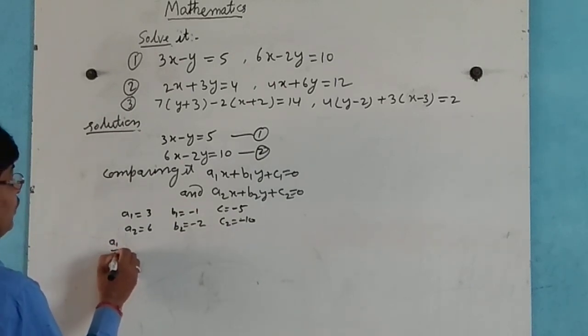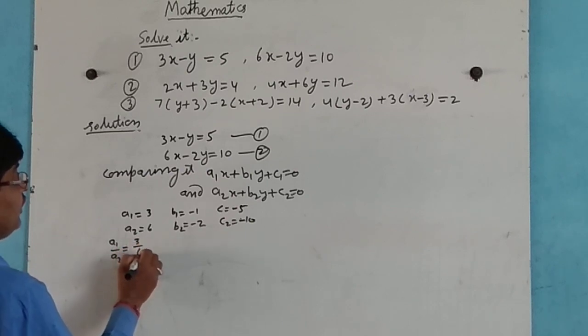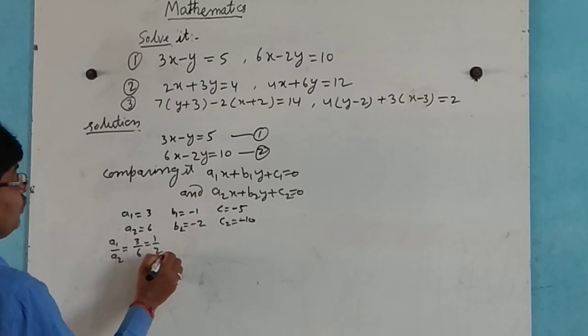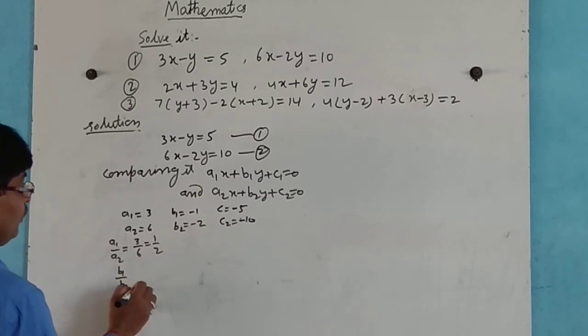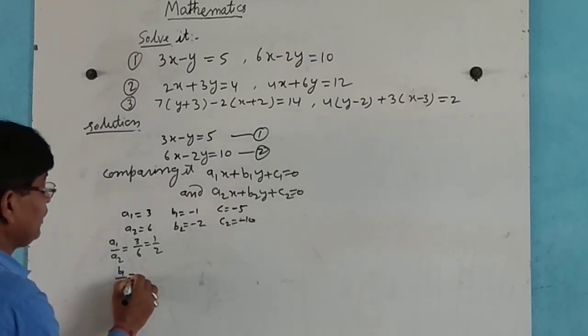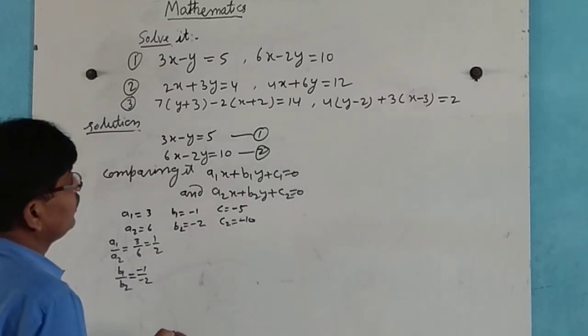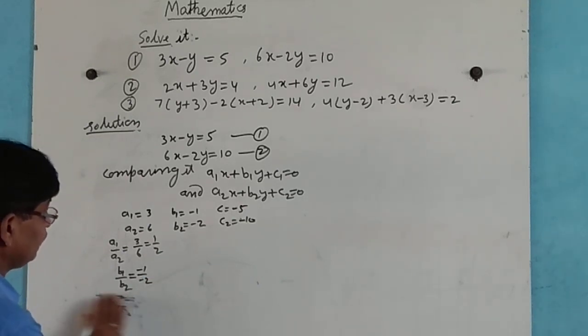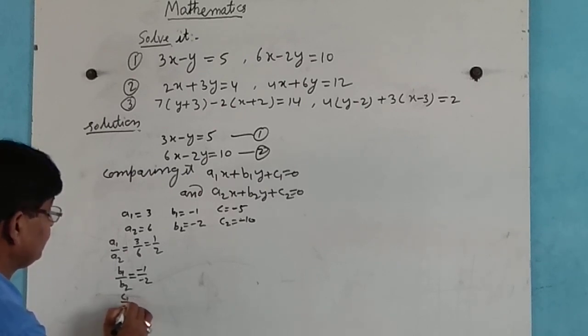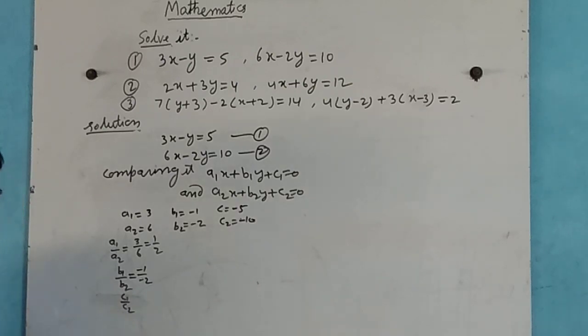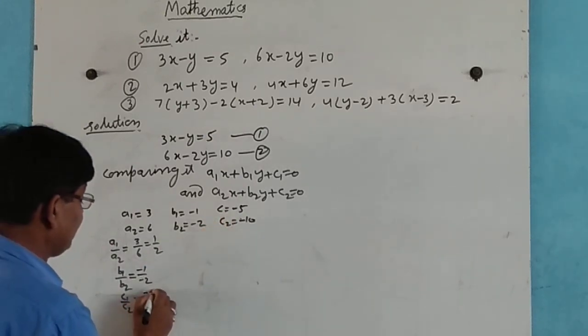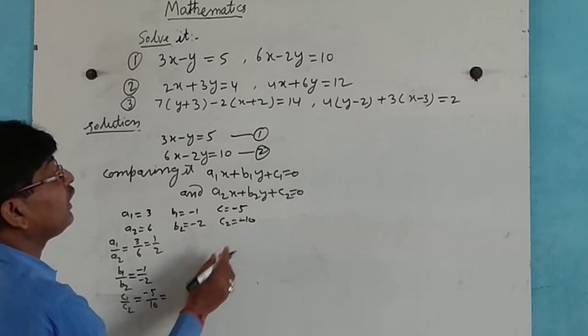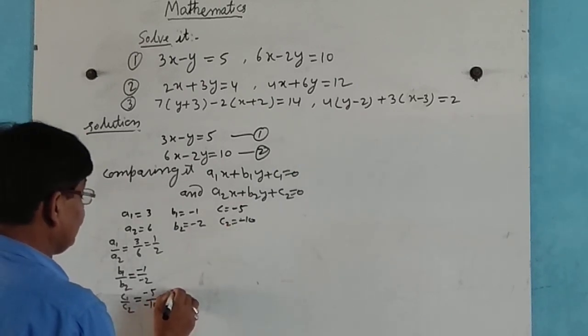Now a1 by a2 equal to 3 by 6, that is equal to 1 by 2. b1 by b2 equal to minus 1 by minus 2, that is 1 by 2. c1 by c2 equal to minus 5 by minus 10, that is equal to 1 by 2.